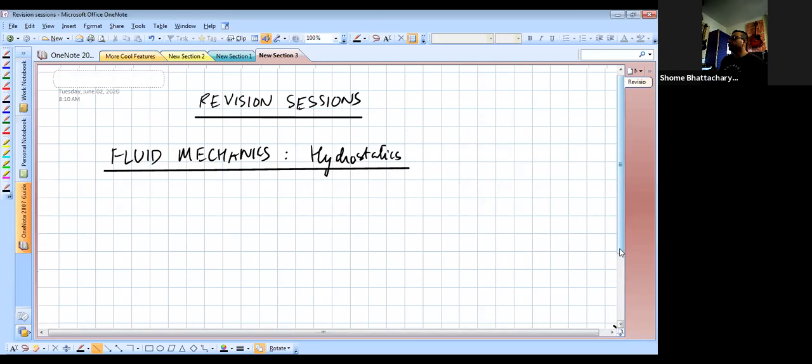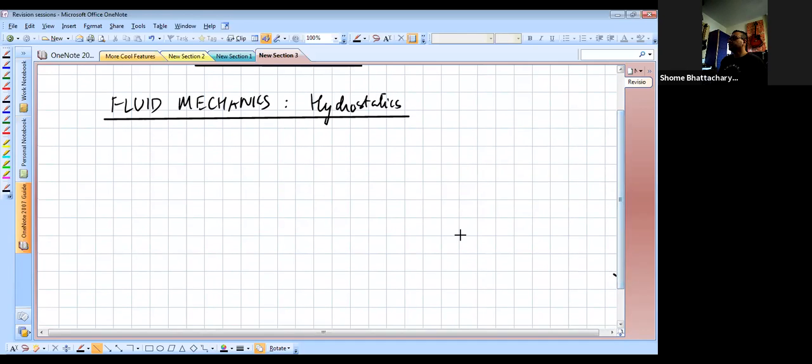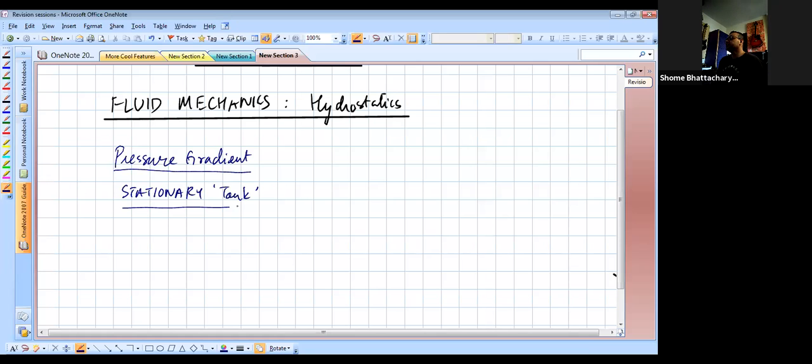Right, so hydrostatics. The basic thing to start with in hydrostatics is the concept of pressure gradient. As you know, when you have a stationary tank, there is only a vertical pressure gradient.